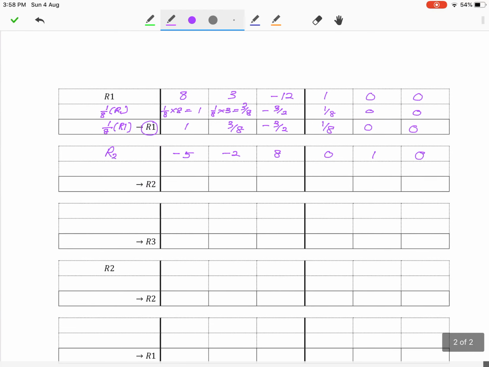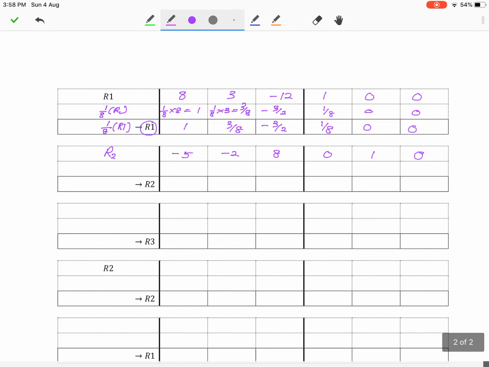Now, in order to change the entry of negative 5 in row 2 to become 0, you need to make use of the new row 1, which currently has the value 1.